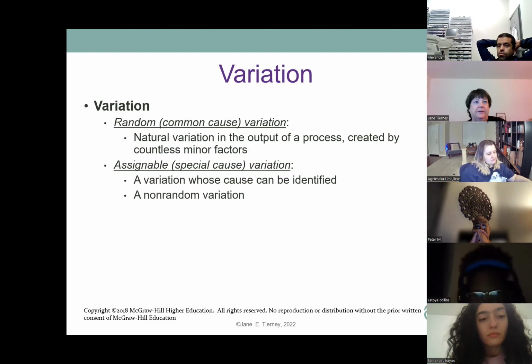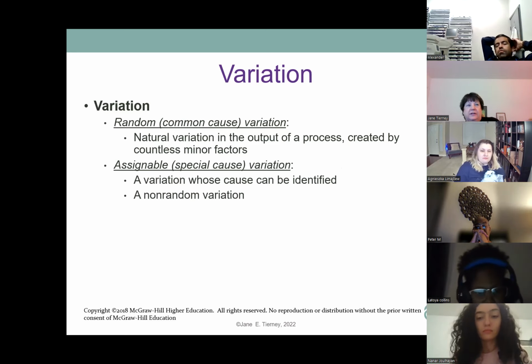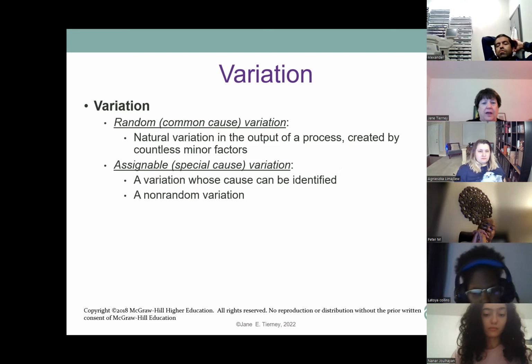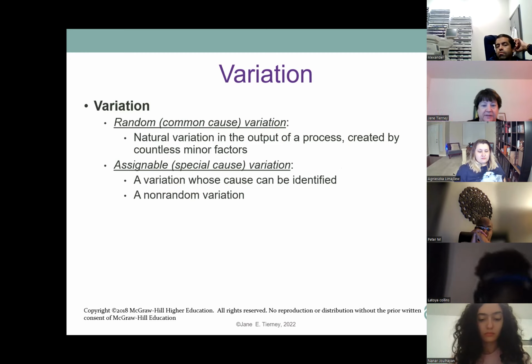So the random or common cause variation is the natural variation in the output, because there are lots of factors going on, especially when you're doing something outdoors. You could have a rock underneath, or a clump of soil. You could have the wind blowing in at one area. You can have a bug that lands in your concrete, or some kind of animal that made some difference.